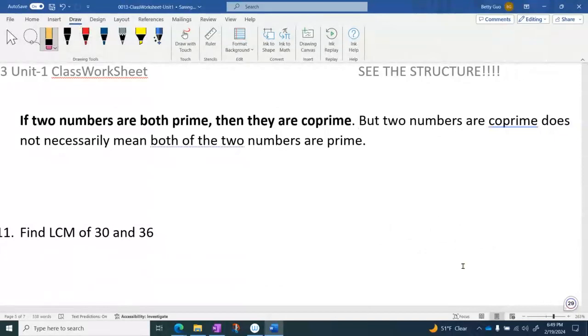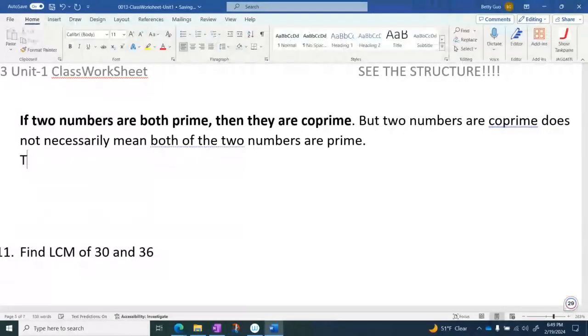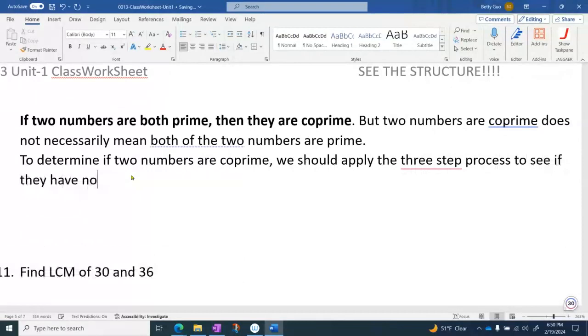I'd like you to copy it down. This means to determine if two numbers are coprime, we should apply the three-step process to see if they have no prime factors.